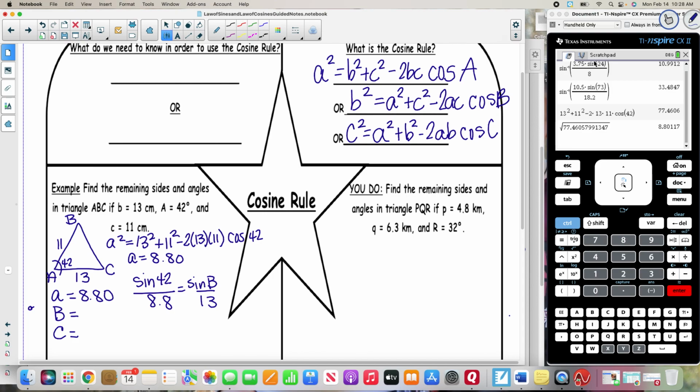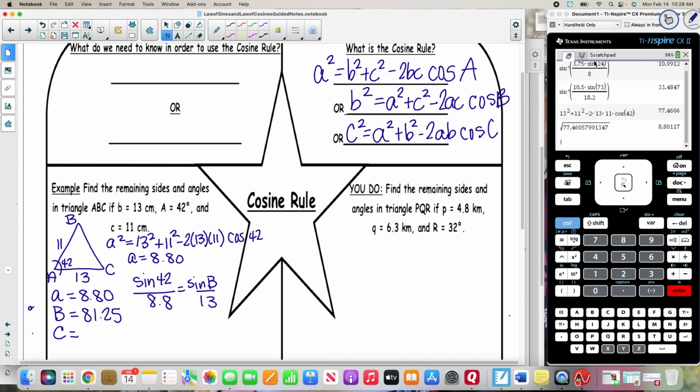Do we have an answer? We do. What did you get? 81.30. 81.3. 81.25 is what I got. How is it different? If you put in your answer from the last one unrounded, it gives you a different answer.